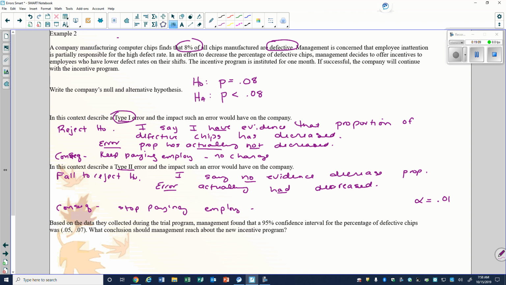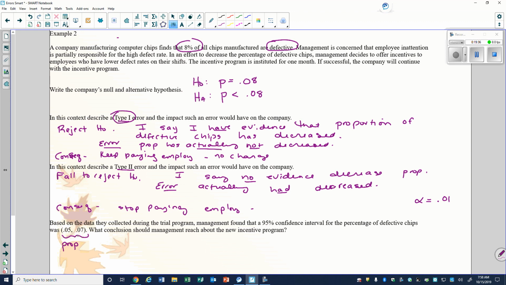Now, based on the data they collected during the program, management found that a 95% confidence interval for the percentage of defective chips was 0.05 to 0.07. So what conclusions should management reach about the new incentive program? Well, even without running a test, if I do an interval, then this is what I am expecting out of that true proportion.